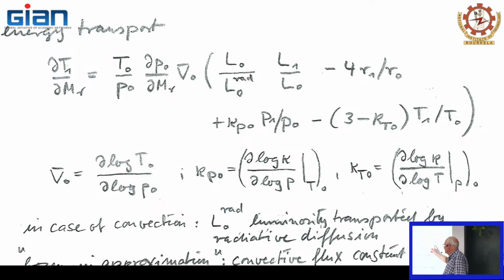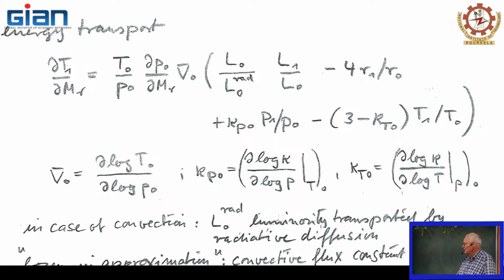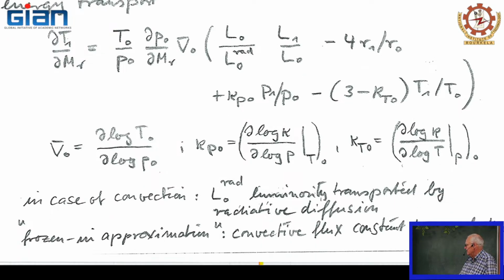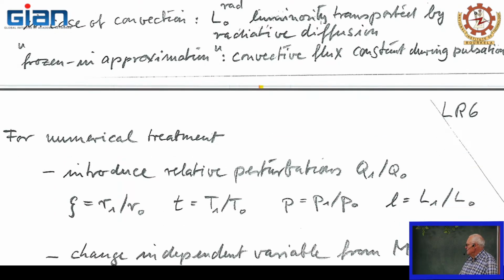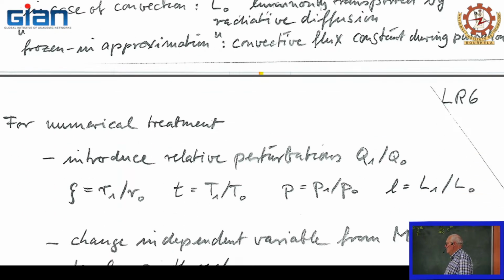We have already done it here. We refer to the relative perturbations in terms of P1 over P0 or T1 over T0. That means we take the ratio of the perturbations and the background model, for all quantities occurring here. This is the first step: introduce dimensionless variables.